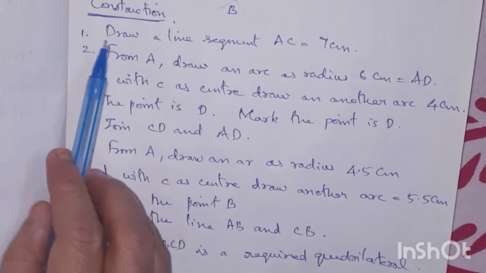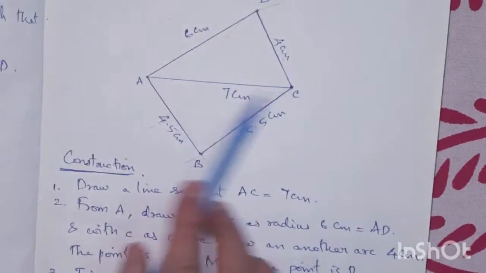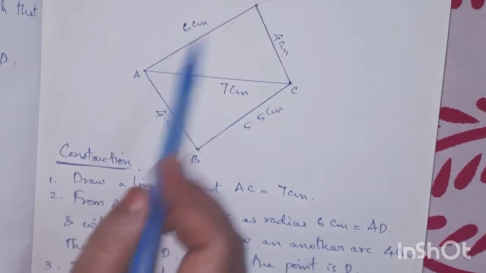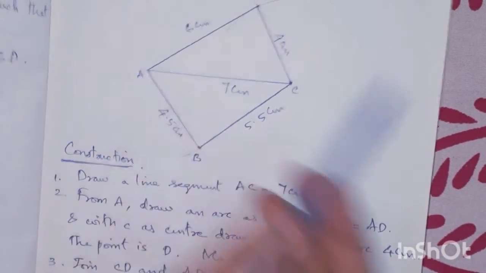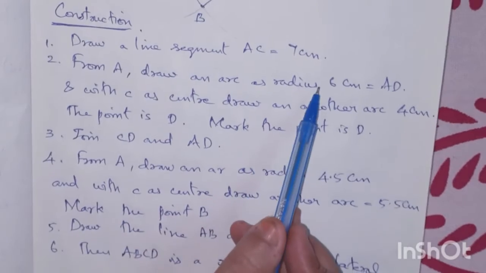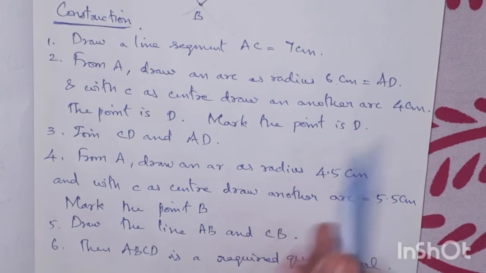First we draw a line segment AC 7 centimeter. Then from A draw an arc of radius 6 centimeter, AD, and with C as center draw another arc 4 centimeter.